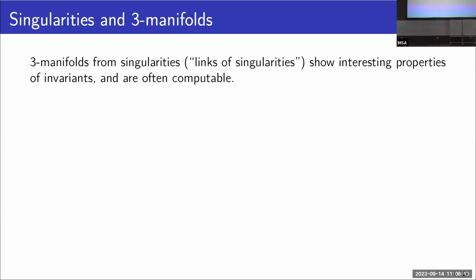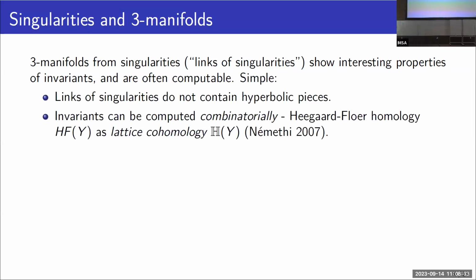So they show interesting properties of invariants, and they are very useful. If you have a new invariant, you can look at these manifolds and compute. Usually they are simple enough to compute things. The reason why they are simple is that you can always decompose a 3-manifold into pieces with some Thurston geometry, and the most interesting one is the hyperbolic one, but there are no hyperbolic pieces for links of singularities.